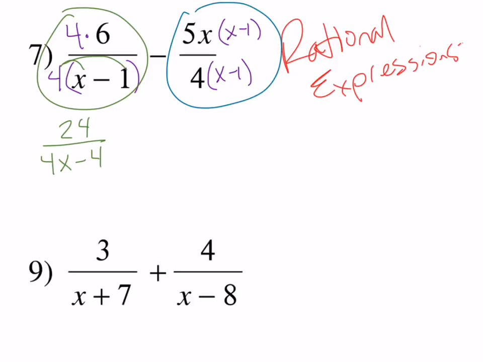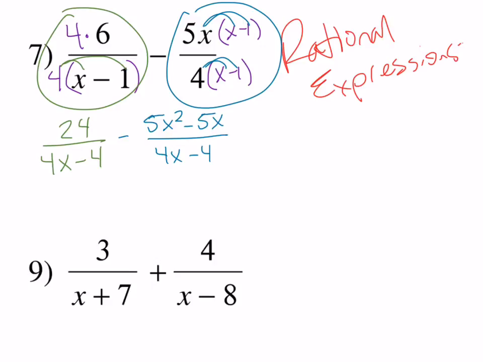to this expression. All right, so 5x gets distributed inside, so 5x times x gives me 5x squared minus 5x. And remember, the denominators are already the same, so I don't need to redo the math. I already know it's going to be 4x minus 4. Okay?